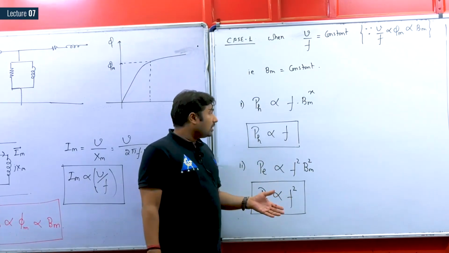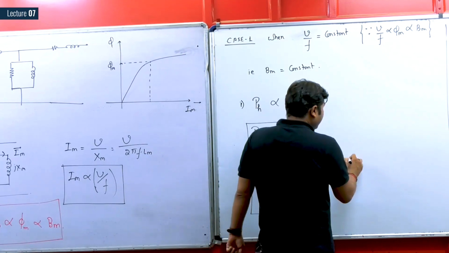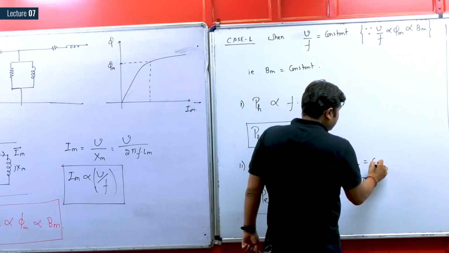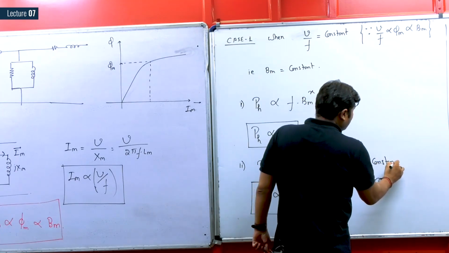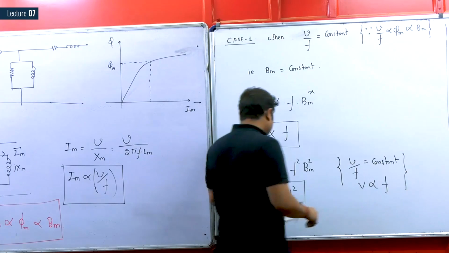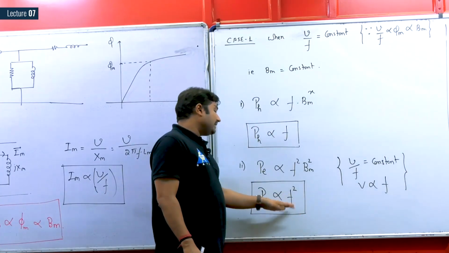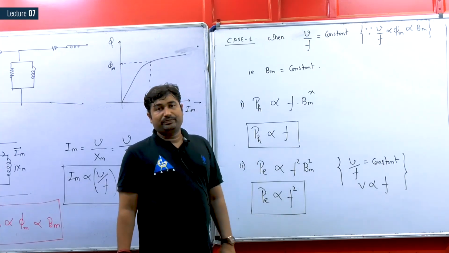That is also true, because when V by F is constant, V is proportional to F, and if eddy current loss is proportional to F square, you can replace F square by V square.